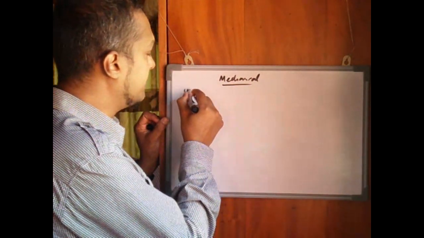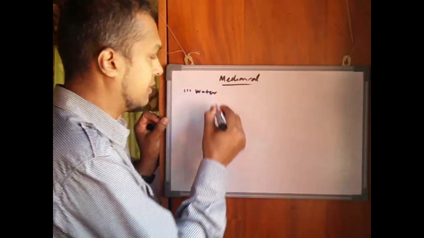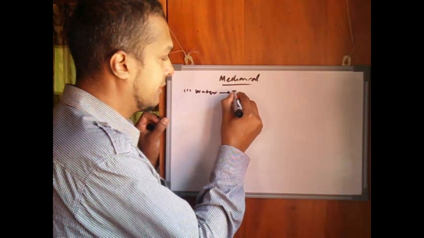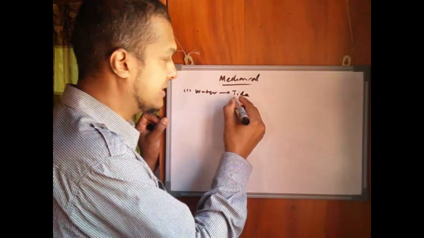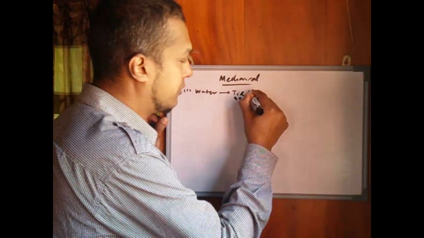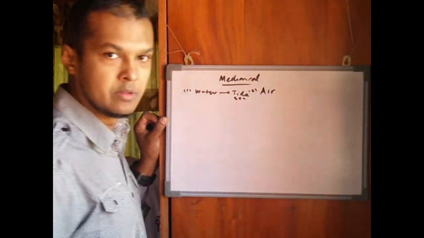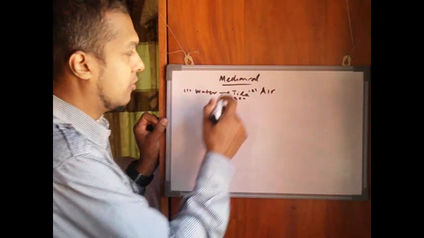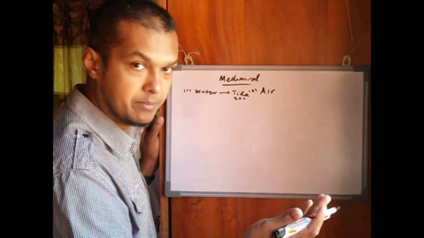If you consider mediums, it could be water, for example a tide that occurs in water, like a sea tide. Or the medium can be air. All these mediums are fluids. It could be something else too.